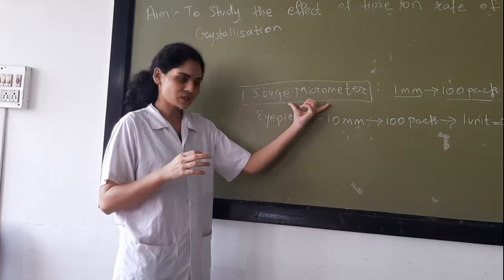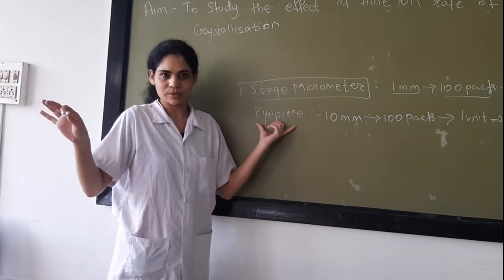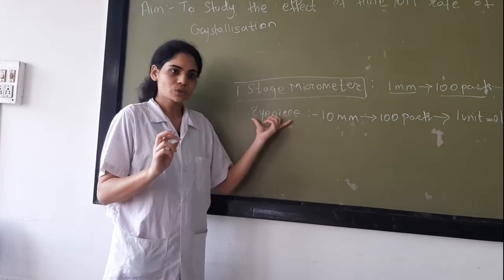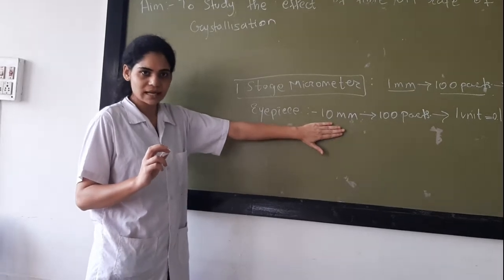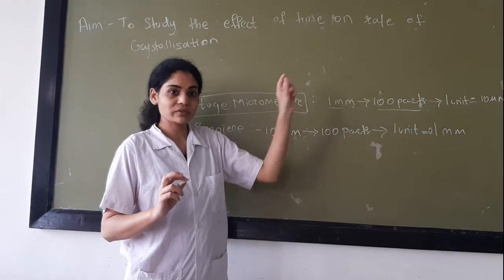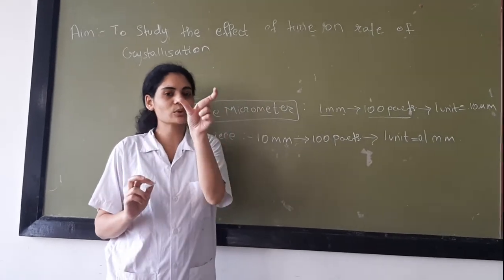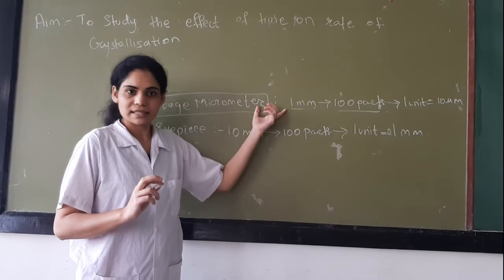We will place the stage micrometer on the stage of the microscope, and place the eyepiece in the eyepiece holder. We will coincide the two lines of the eyepiece with the two lines of the micrometer, and calculate which unit coincides with which unit number of the stage micrometer.